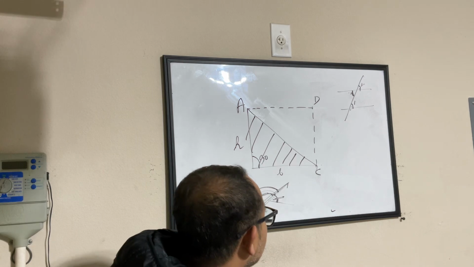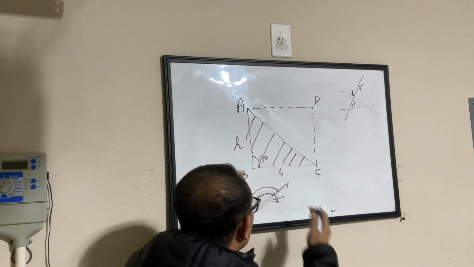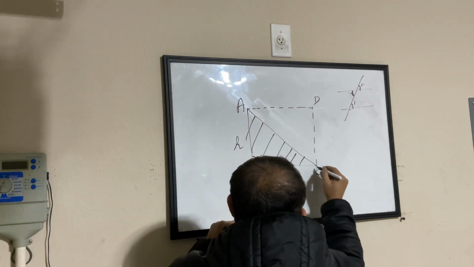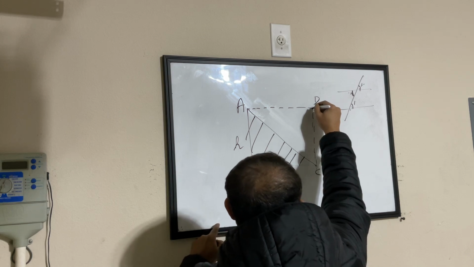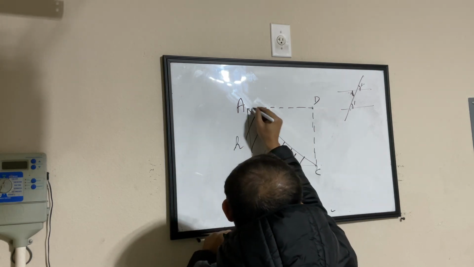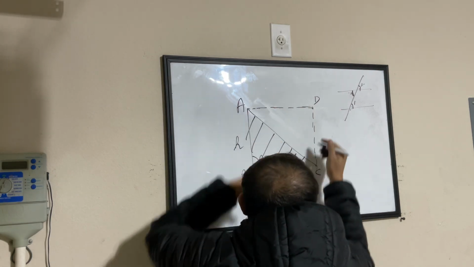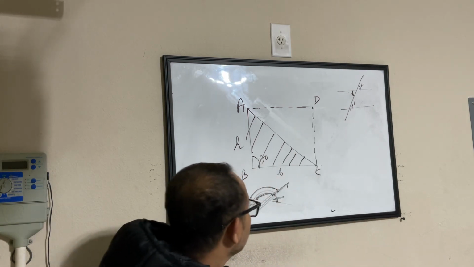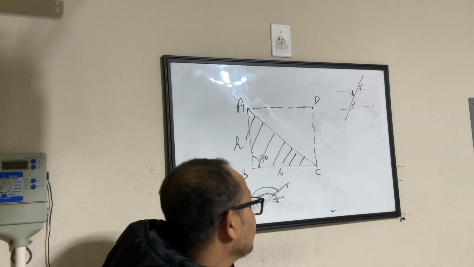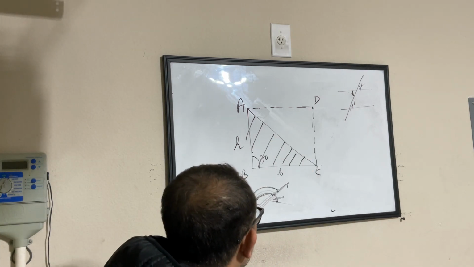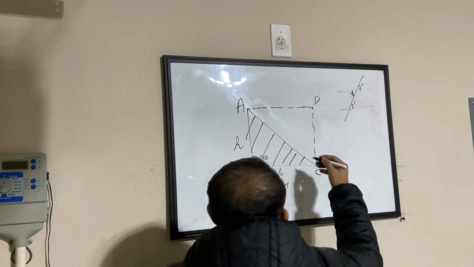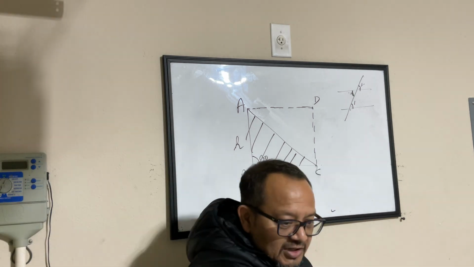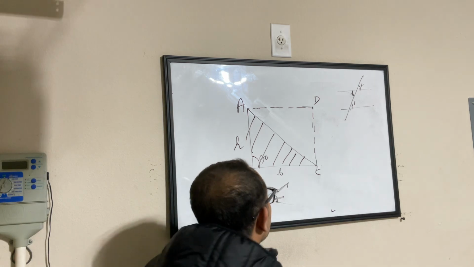Now come back to this triangle. I am saying that I had a right angle triangle. I extended this by drawing a parallel line to this one, and extended this by drawing parallel to this one, and they met at this point B, which forms a rectangle for me. Let me use the color coding to make life a little easier for you guys.